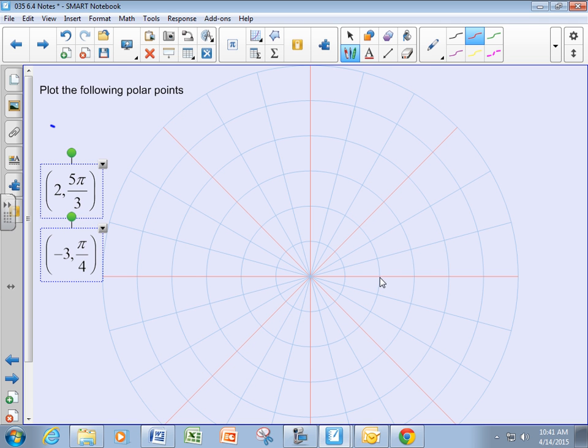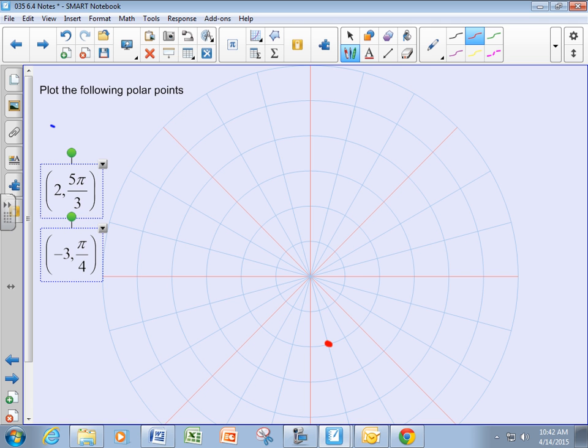And then I want to go 5 pi over 3, which I know is a 60-degree angle in the fourth quadrant. Looks like 30, 45, here's our 60 degree. We're just going to estimate that here. So this would be the point (2, 5 pi over 3).